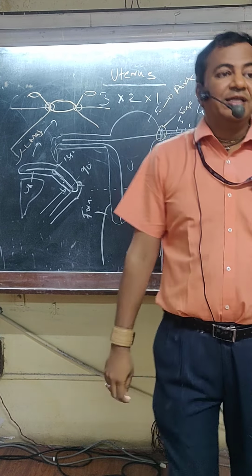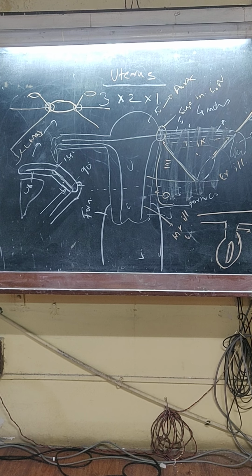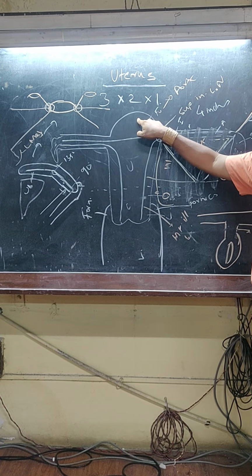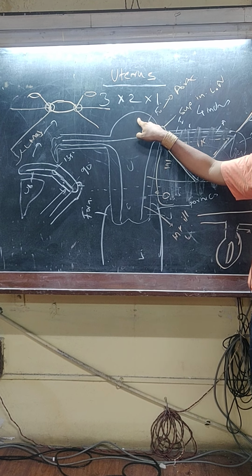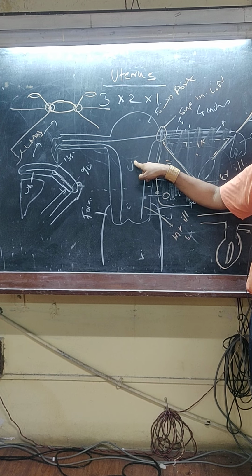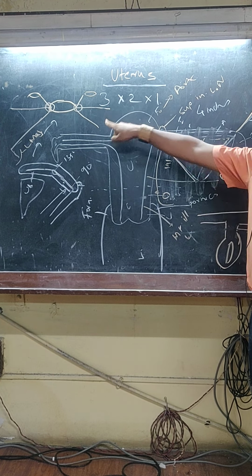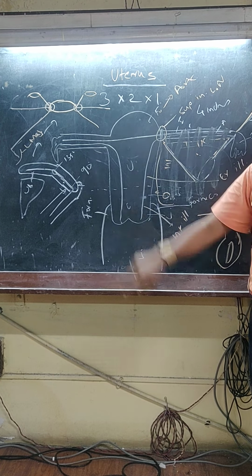Got it? So lymphatic drainage of the uterus: upper part of the body to aortic nodes, middle part to external iliac, lower part to internal iliac, angles to superficial inguinal lymph nodes.